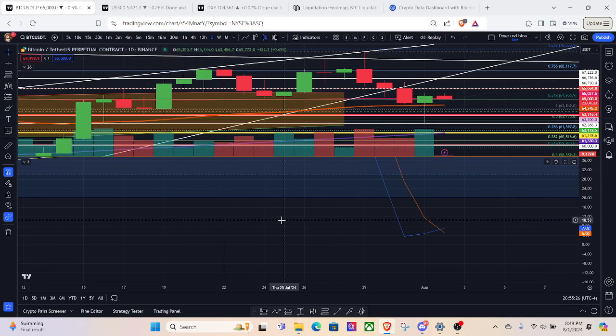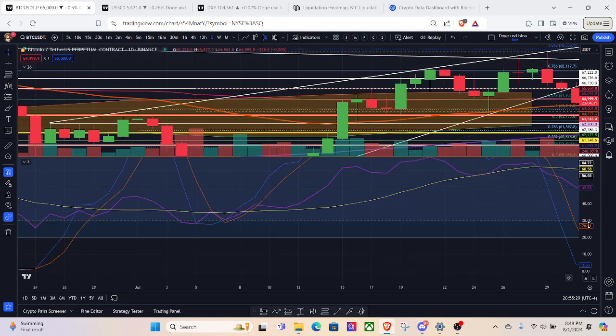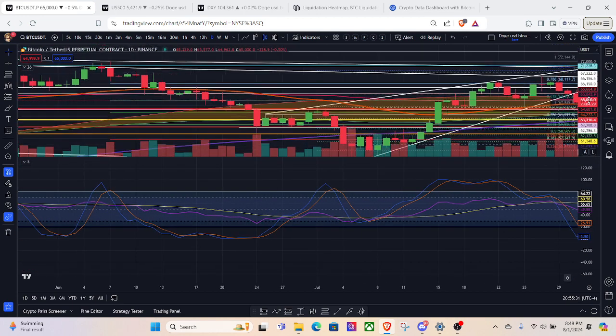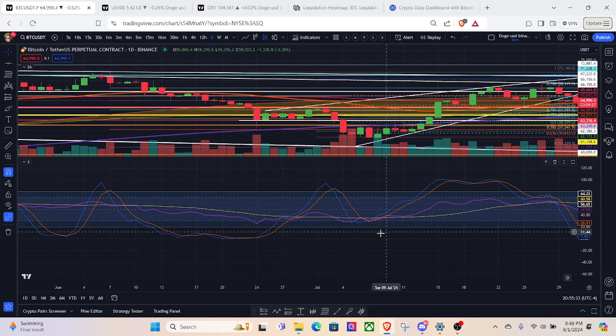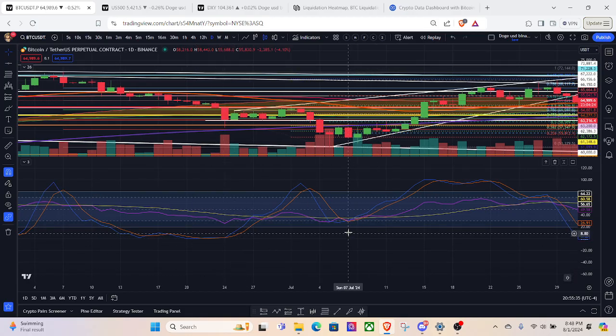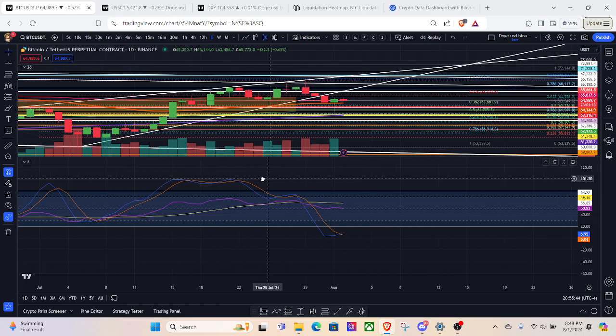So this blue line, basically the stochastic RSI, is momentum. And it sort of dictates momentum. So when the blue line is above the orange line, you're generally going up. When the orange line is above the blue line, you're generally going down.